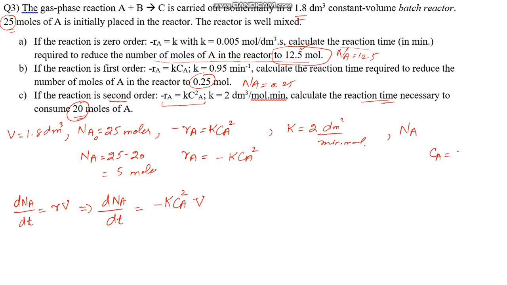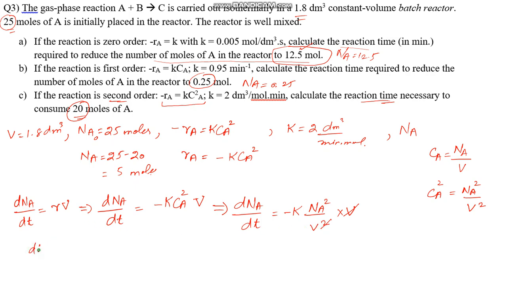Ca is equal to Na divided by volume, and Ca square is equal to Na square by V square. Just put the value of Ca square here, so dNA by dt is equal to minus K Na square by V square multiplied by V. So one V will be cancelled out with this square, and one V will be left.